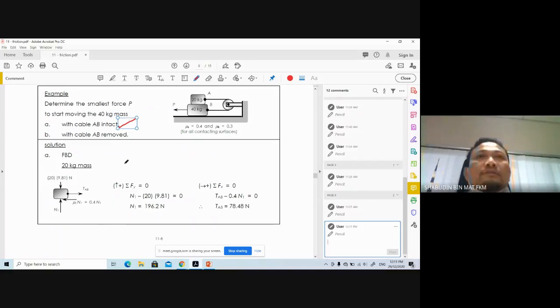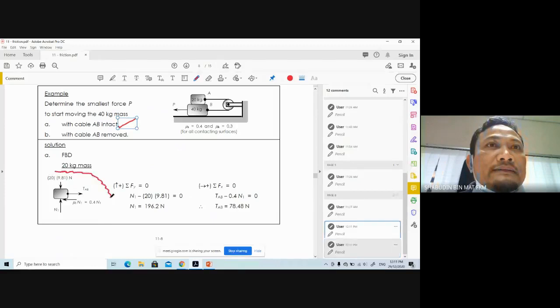You apply force in that direction. So most probably the object of 20 kilogram will move to the right. And then you draw a free body diagram of the 20 kilogram mass only first. So simple.